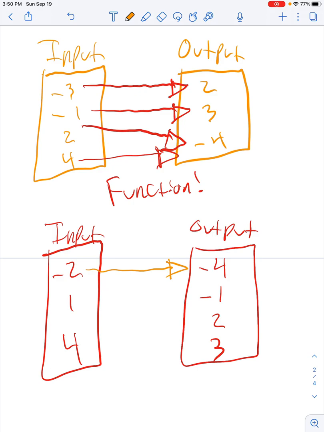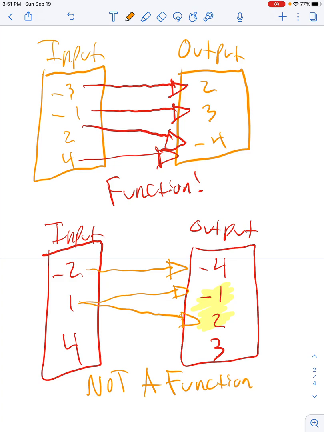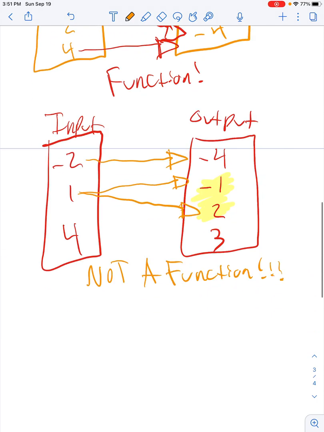But in this case, I input a 1, I get a -1, and I input a 1, but I get a 2. Right here, I can see I've got 2 different answers. So because my input is the same, but my output is 2 different answers, this is not a function. Okay, so you can't input the same thing and get a different result for it to be a function. It doesn't work. That's not a function.